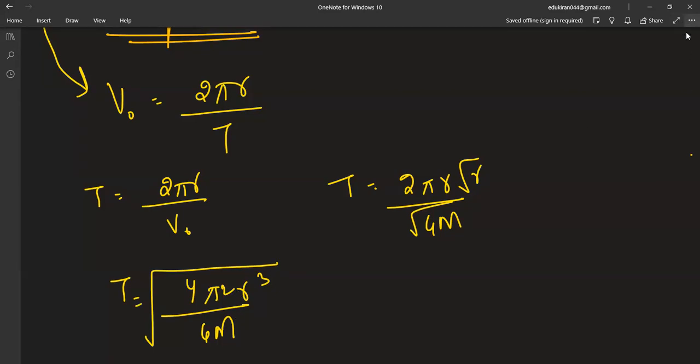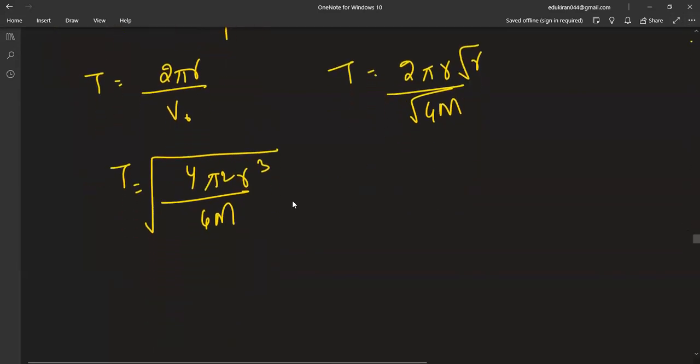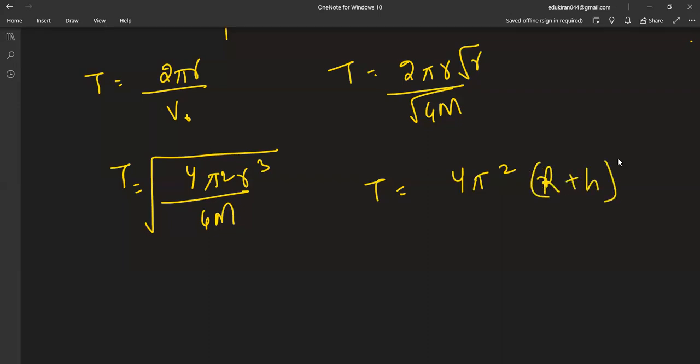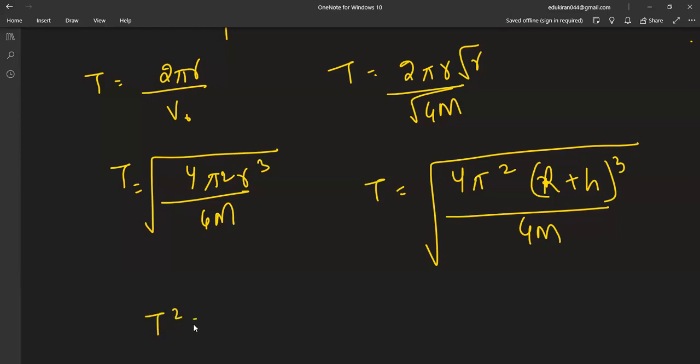Now, value of r. As I've told you, r is not fixed. We have a certain separation. So that becomes 4 pi square, radius plus height whole cube divided by GM, under root. So what is T square ultimately equal to?